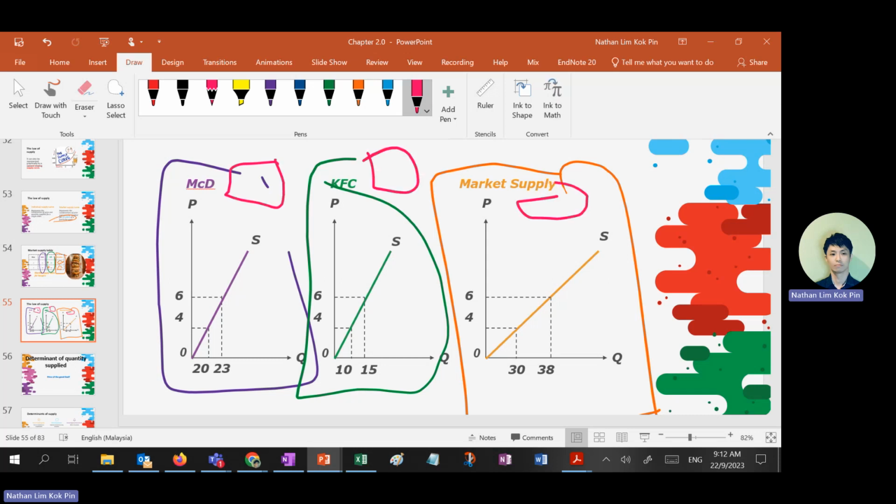Yes, as usual, supply curves in the real world are not straight lines. They are curves. Everything in the world, if it's not man-made, is not a straight line.